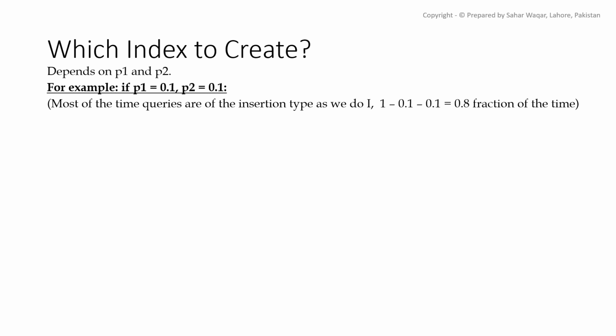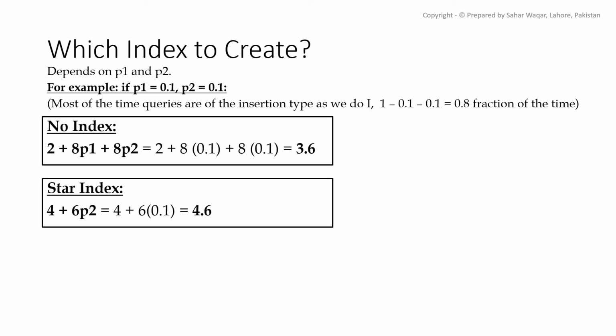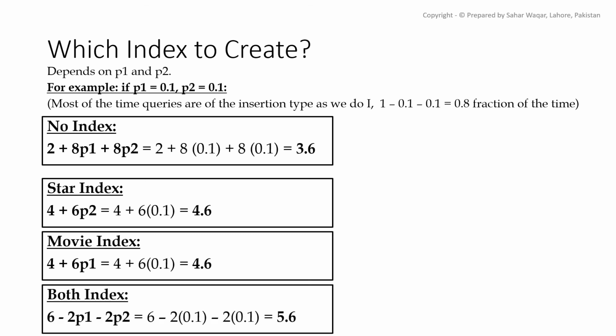So when we replace P1 and P2 with their values and calculate the average for all four possible types of indexes, the option giving the least cost will be our choice. In this case, we can see that if insertions, that is modifications, are dominating, then we do not need to create any indexes. The case for no index is giving us the least cost.